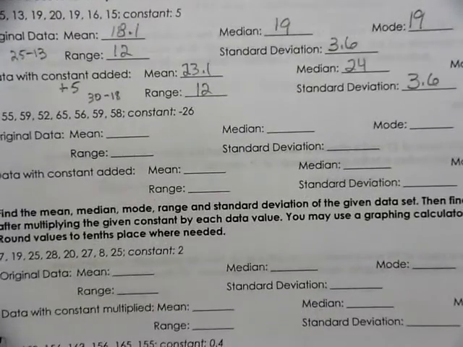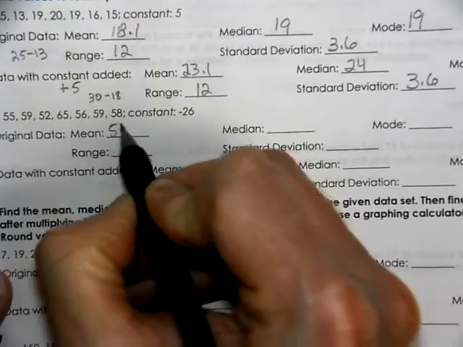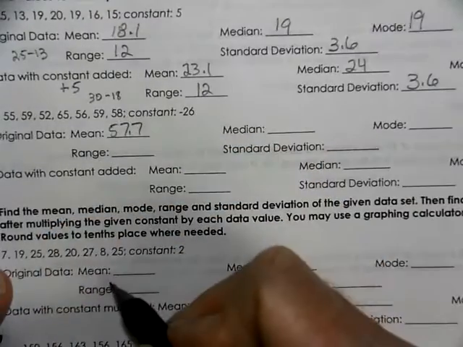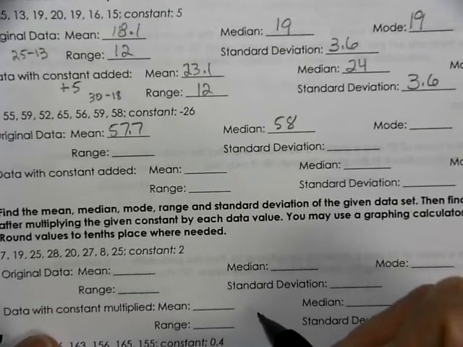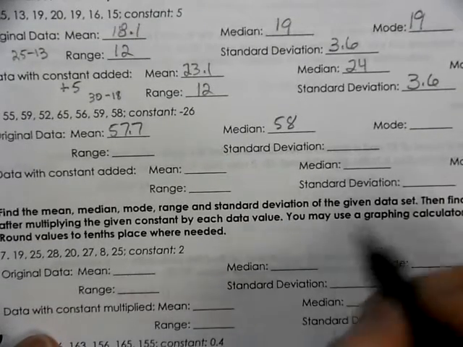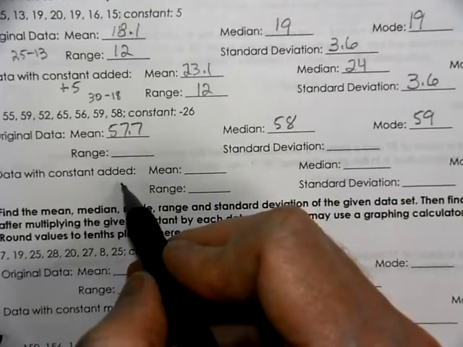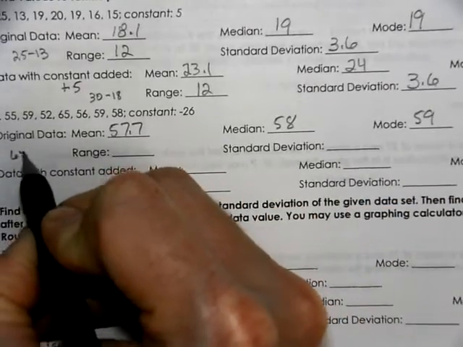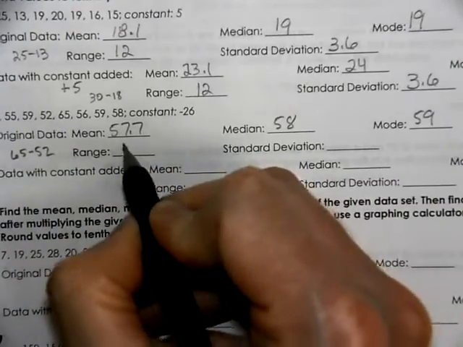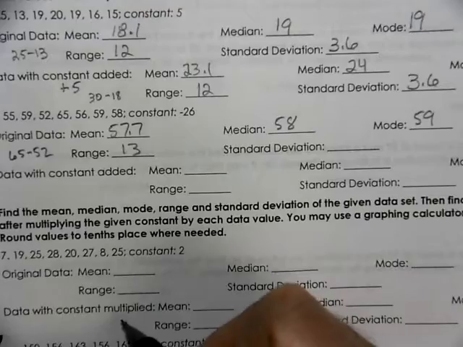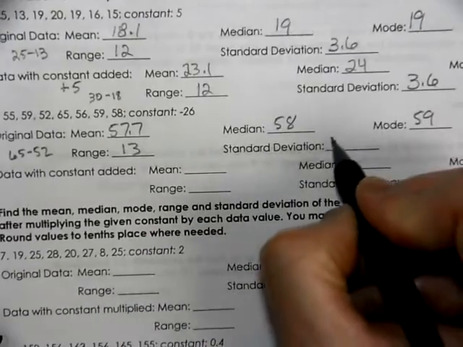This time our constant is a negative 26. Our original data shows us that we have a 57 as an average, a median of 58, and a mode of 59. The range of our values, we have 65, and 52 is our smallest, so that gives us a range of 13, and our standard deviation is 3.8.